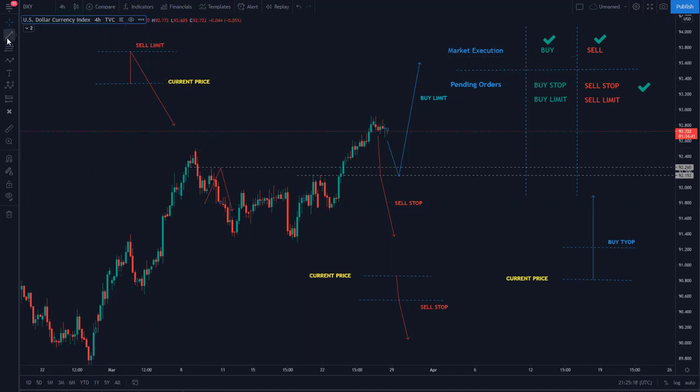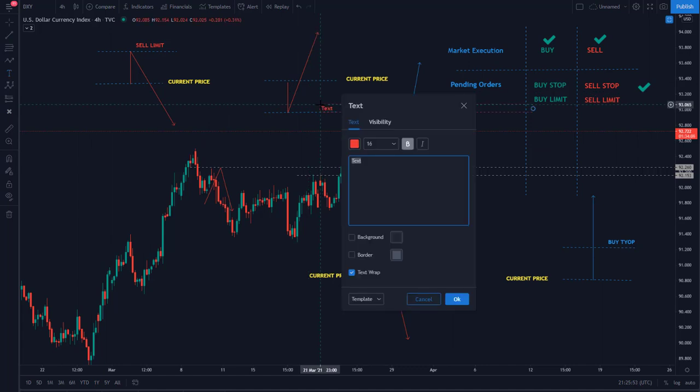A buy limit is the opposite of the sell limit. So let's assume this here is your current market price. A buy limit would mean you want price to come a bit lower, then move in your direction. There you go, buy limit.